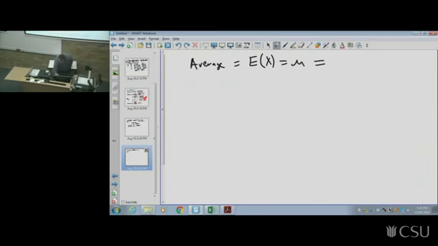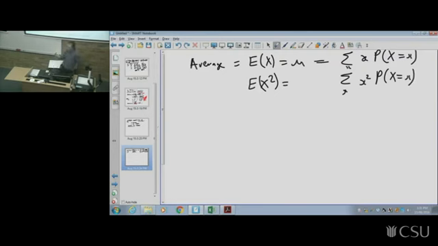And the formula for it is just basically adding up the different x values times the probability of getting each. That's the average. If we do any calculations, we would work out what EX squared is, which is summing over x squared times p, the various probabilities of it happening.